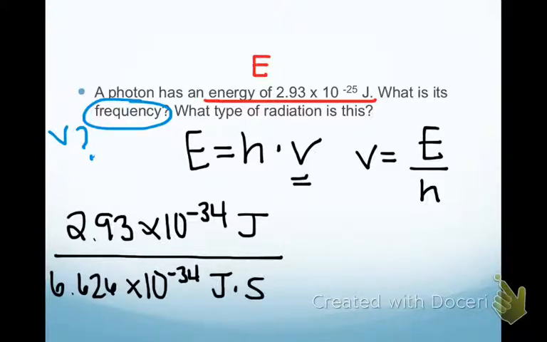So when I divide these two, oh, my apologies. This is supposed to be a 25. Negative 25. My apologies. I was jumping ahead with Planck's constant there. So 2.93 times 10 to the negative 25 divided by 6.626 times 10 to the negative 34.